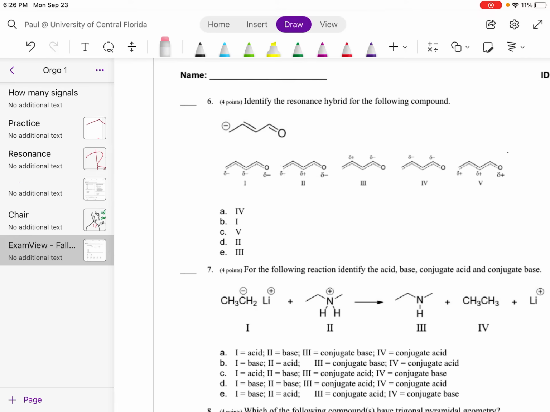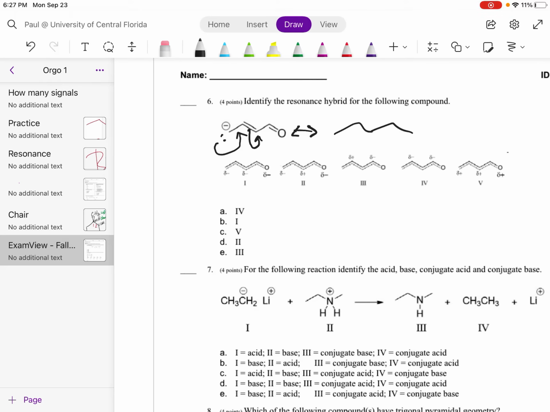Identify the resonance hybrid for the following compound. A little pixelated here. Well, let's draw the resonance. In order to answer this question, we would have to draw some of the resonance structures, wouldn't we? So what could we do? We have a lone pair there. So we could bring that down, and then that there.